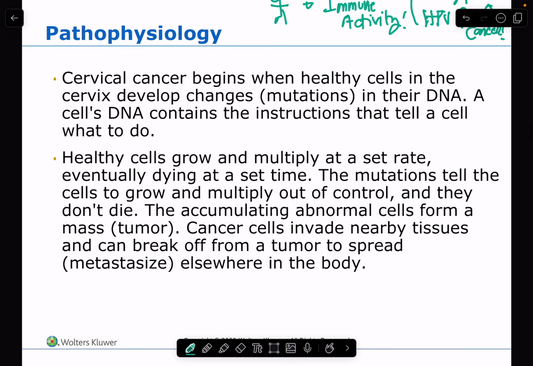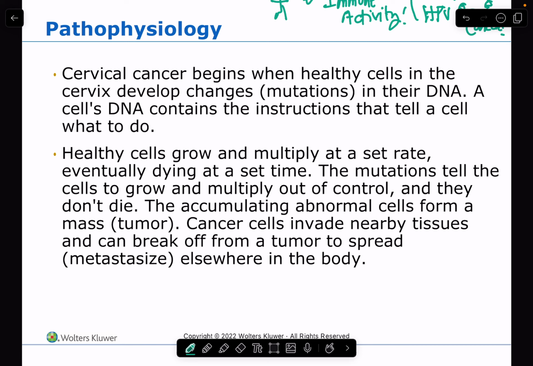Okay? So, pathophysiology. Cervical cancer begins when healthy cells in the cervix develop abnormal DNA mutations. A cell's DNA contains instructions that tell the cell what to do. Healthy cells grow and multiply at a set rate, so a normal cell has a set time frame.